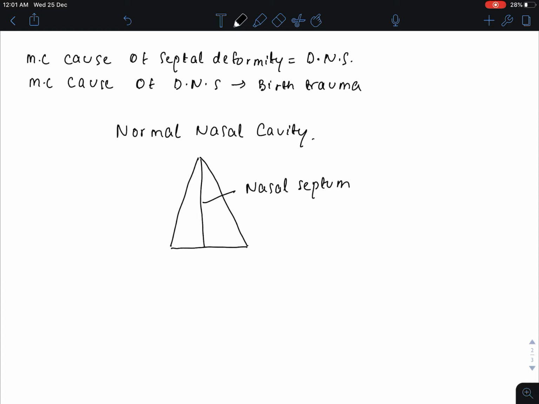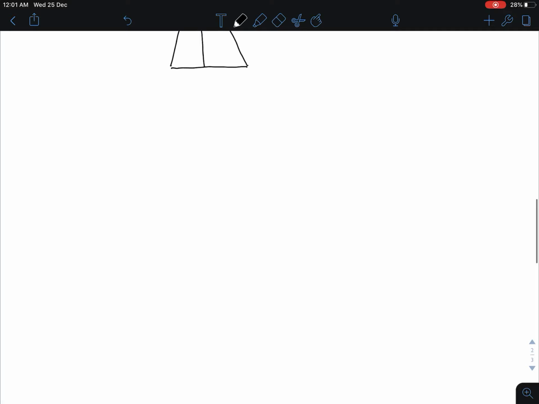Nasal septum is dividing the nasal cavity in equal area. Okay, but now it may happen that there are different types of deviated nasal septum.